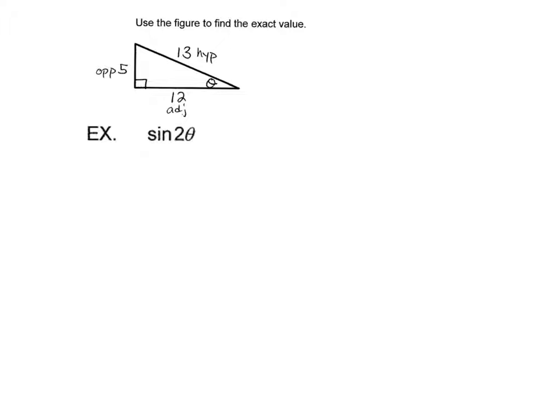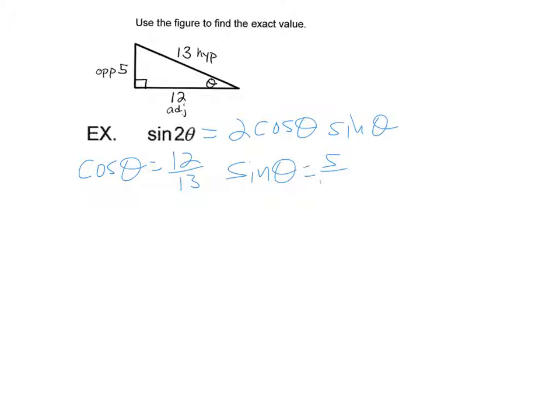Using that same triangle again, this time we're asked to find the sine of 2 theta. And there's just one formula for that in our identities: sine 2 theta is equal to 2 cosine theta sine theta. And from the previous problem, we've already figured out that cosine theta is 12 over 13, and sine theta is 5 over 13.